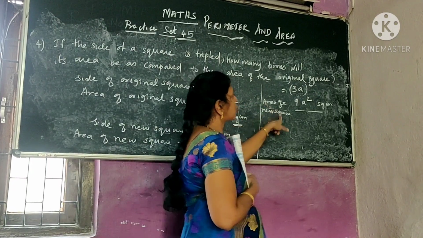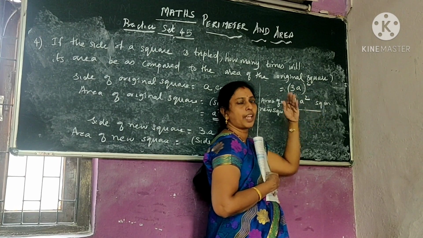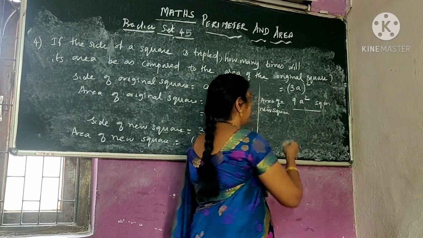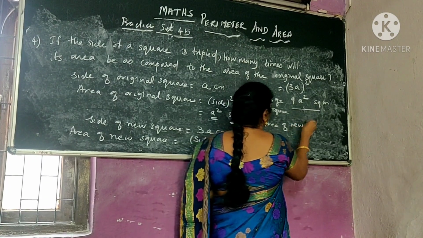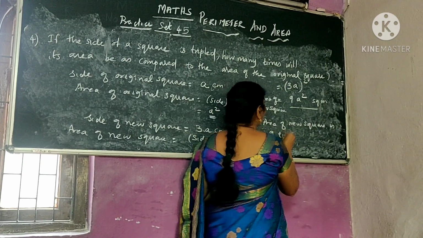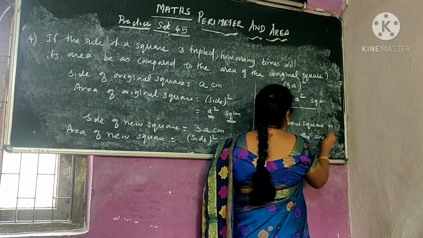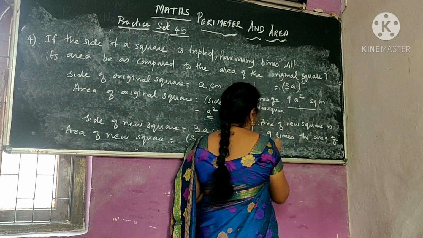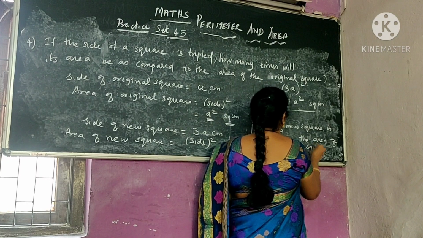So the area of the new square is 9 times the area of the original square.